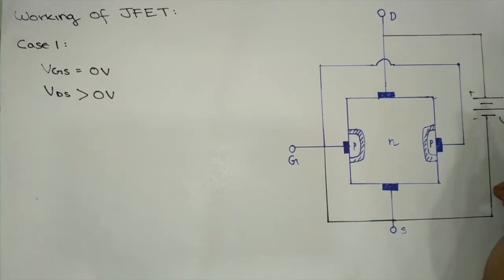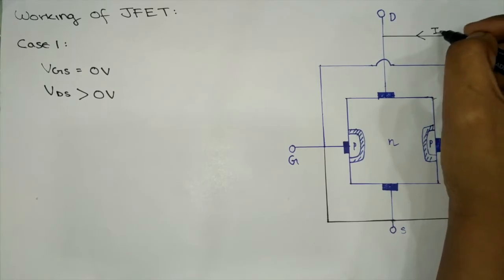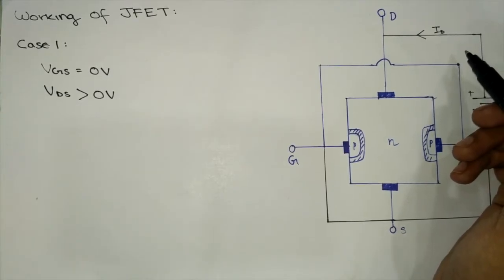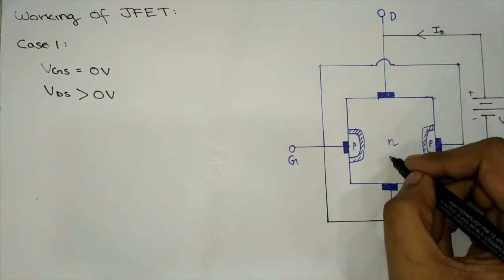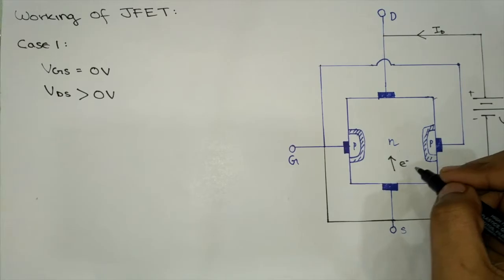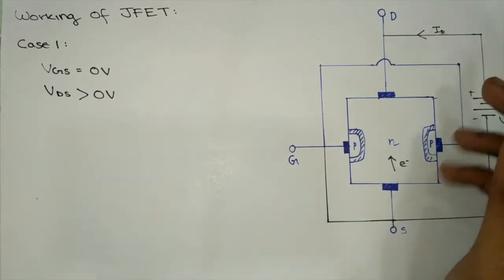So the current's direction is from drain to source. As we know that in conventional current, the direction of the current is opposite to the direction of the electron flow. Therefore, the electrons would be flowing in a direction opposite to the drain current.